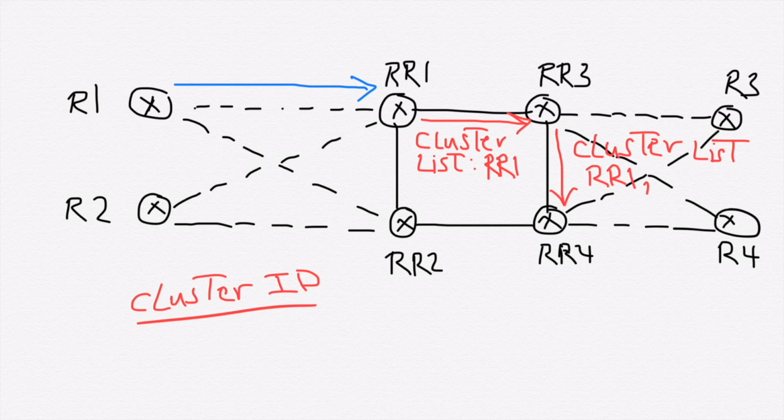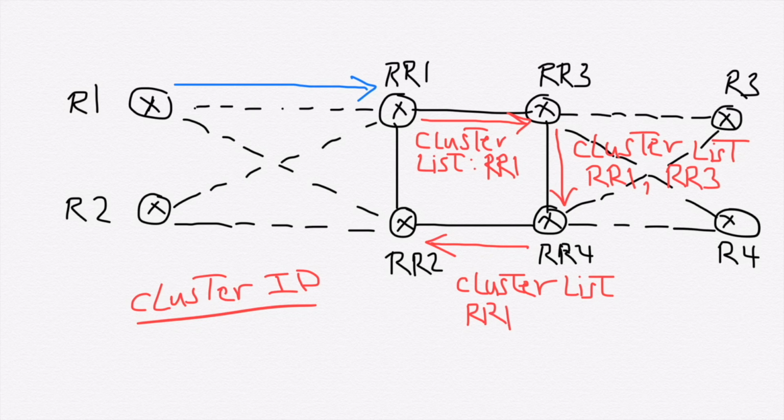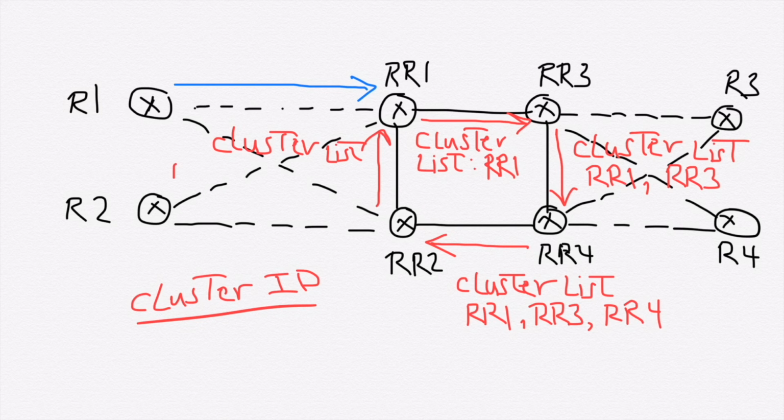Now the cluster list would be RR1 and RR3, and RR4 would do the same, adding its cluster ID to the cluster list before sending this iBGP update to RR2. The cluster list would be RR1, RR3, RR4, and likewise, when RR2 reflects this iBGP update back to RR1, it includes its cluster ID in the cluster list attribute. Now the cluster list is RR1, RR3, RR4, and RR2.